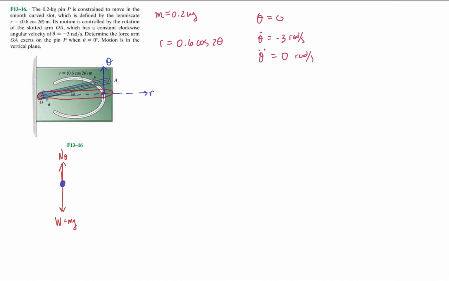Now let's keep moving on with getting the equations of motion. We're given r equals 0.6 cosine 2 theta.